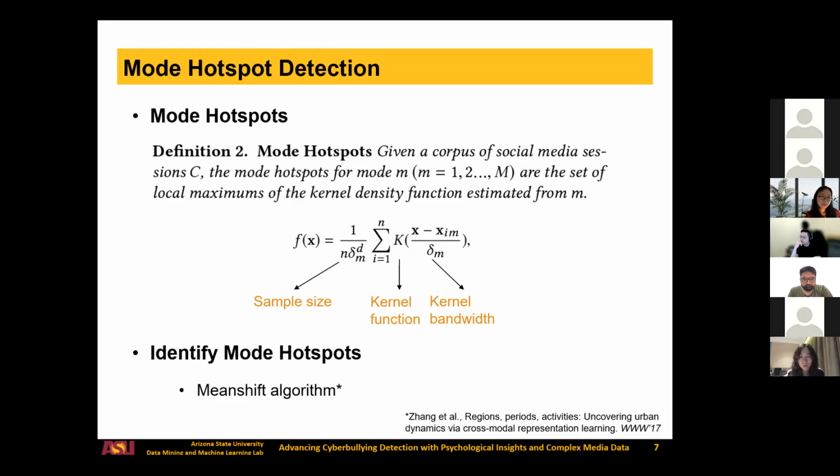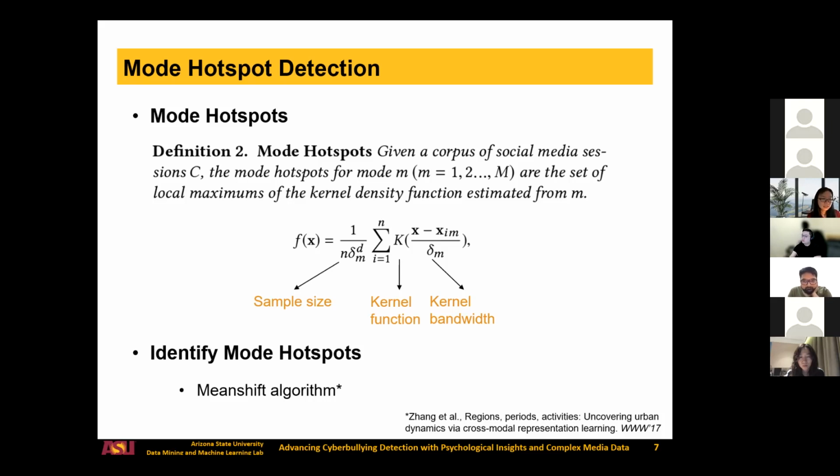Here is just some high-level detail. This is the kernel density function, where K is a kernel function, and sigma m is the kernel bandwidth, which is basically a smoothing parameter.